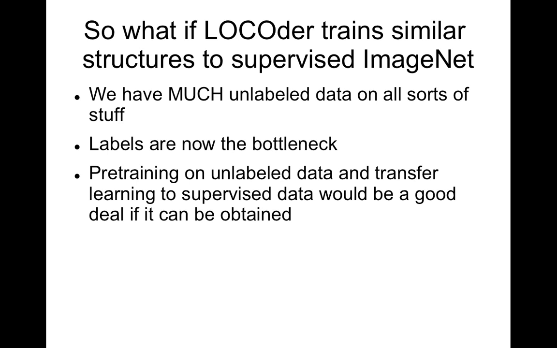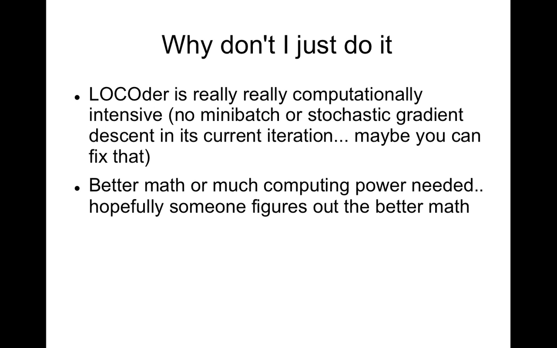If we could pull it off, if we could make the Locoder do it. But why don't I just do it and then become famous and rich? Well, because Locoder, as it is right now, is immensely computationally intensive.